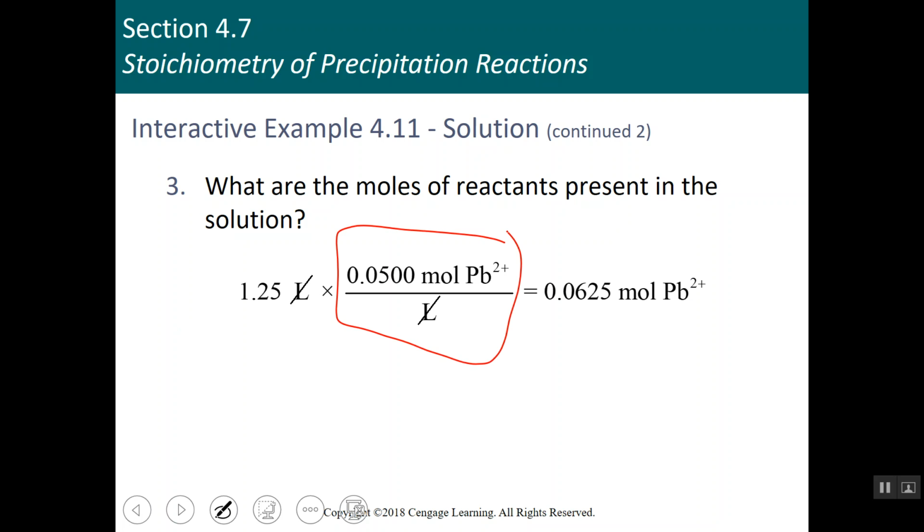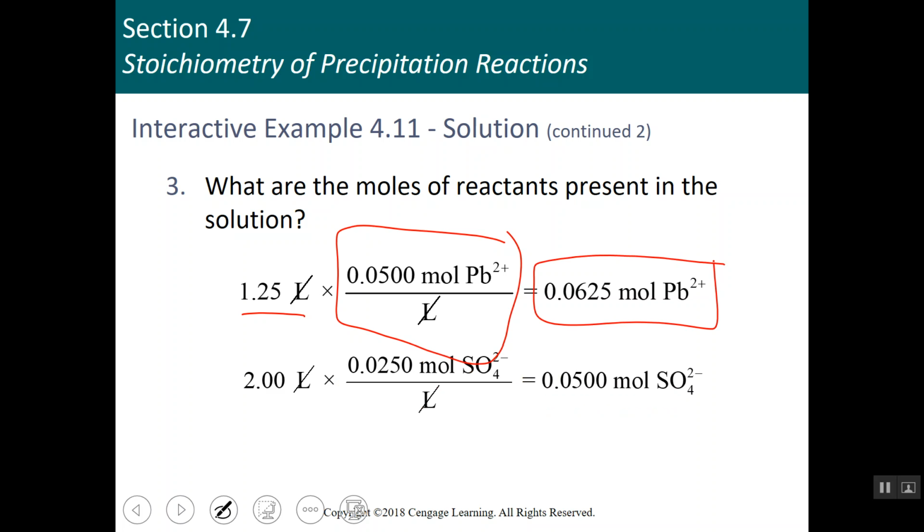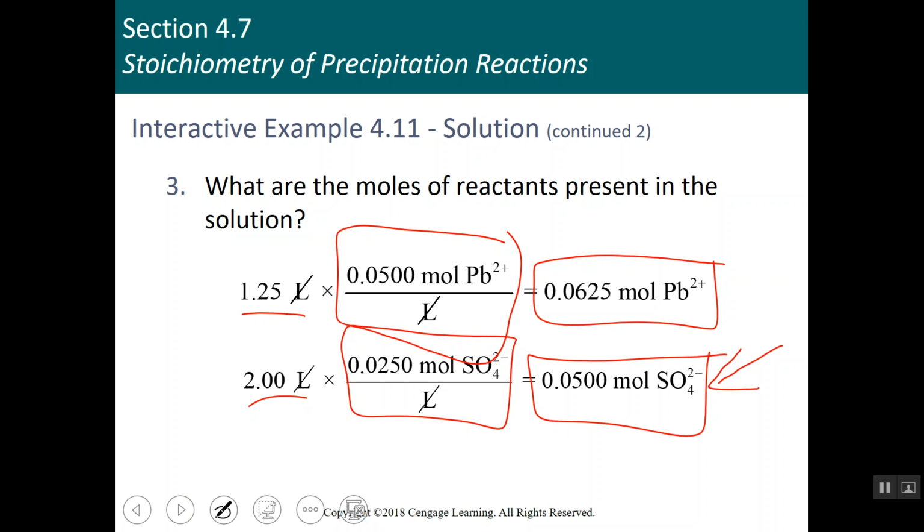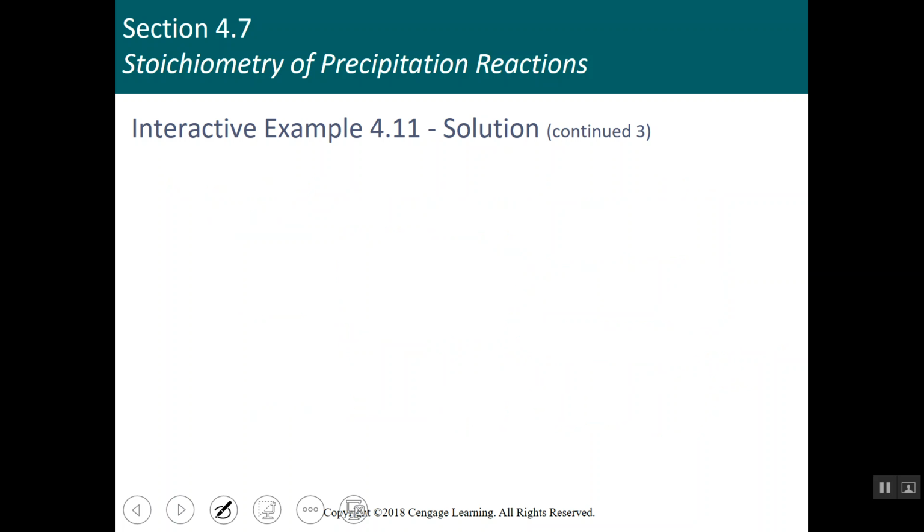All we have to do is take that molarity times our volume, and we end up with that many moles of lead. Same kind of thing we do with the sulfate solution. There's our molarity in the box. Take it times our volume, and that's how many moles of sulfate. Since this is a 1-to-1 reaction, we know right off the bat that this one's limiting because I have less moles of it.